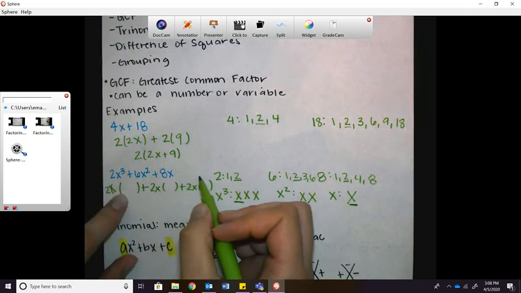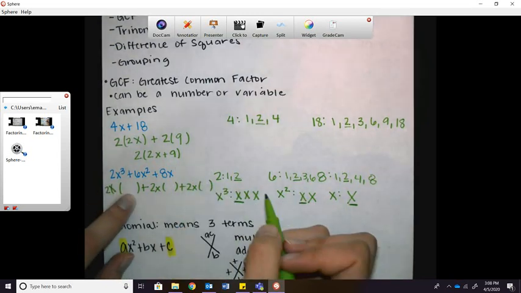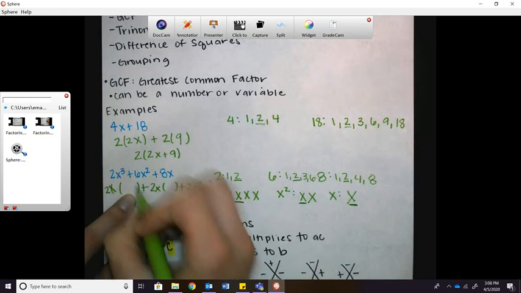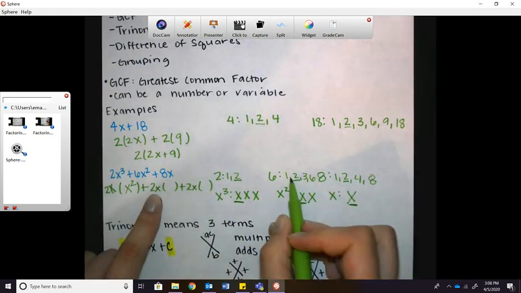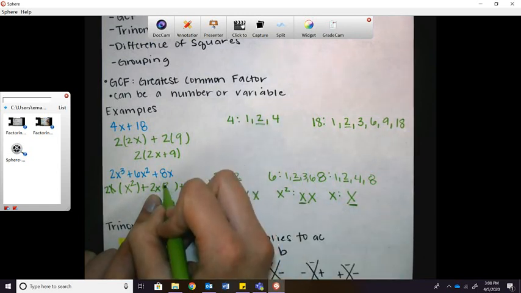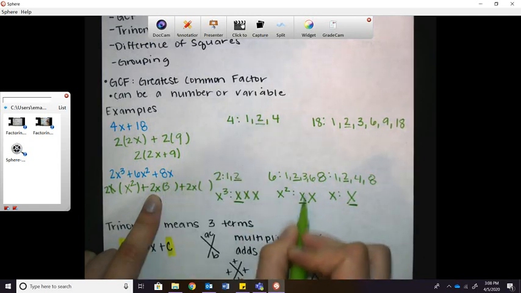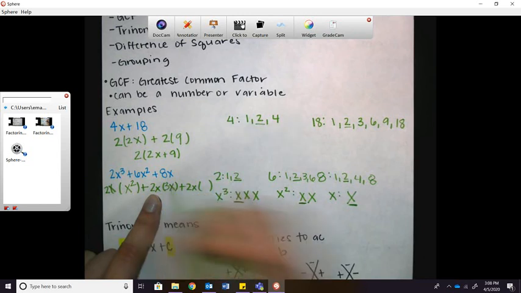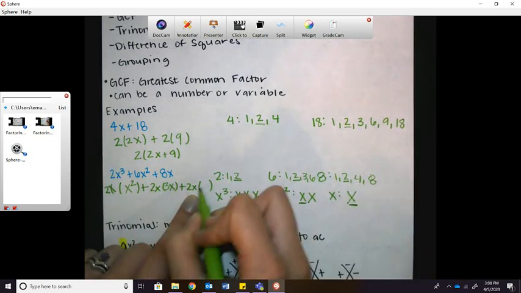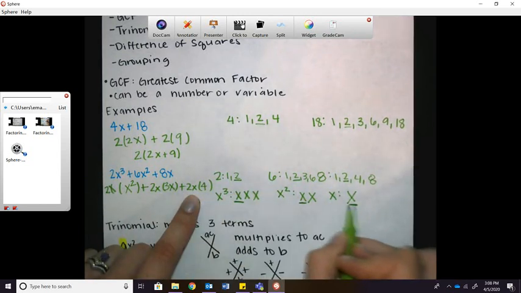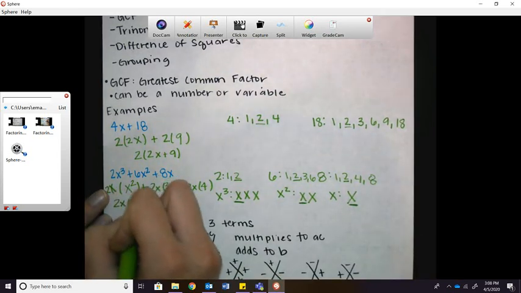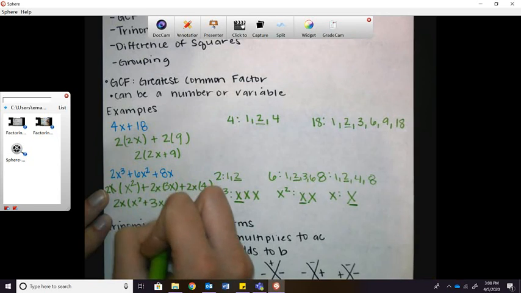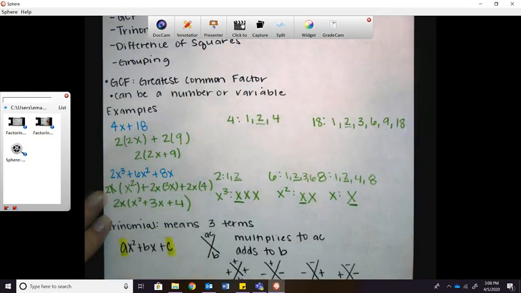Well, 2 and 2, that's going to be a 1. I have 2 x's left, so I'm going to put x squared here. 2x, 2 times 3 is 6, so I'm going to have a 3. And then I took out an x, so I have 1 left. And then 2x, 2 times 4 is 8. And then I already took out my single x, so I'm left with 2x, x squared plus 3x plus 4. And that is GCF factoring.